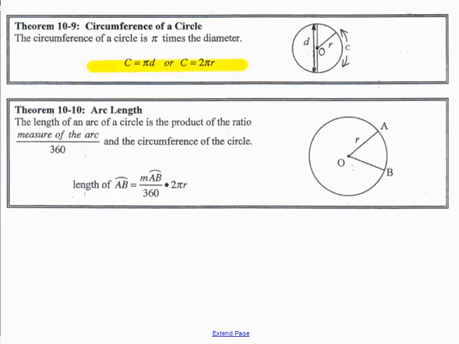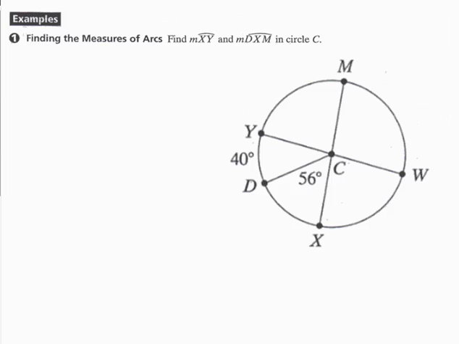Circumference is pi times the diameter, or 2 times pi times the radius. And in order to figure out the length of an arc, we need this one, the length of AB. So the length of this arc equals the measure of arc AB, and we'll look at that in a little bit, over 360 times 2 times pi times the radius. So let's make some sense out of this.